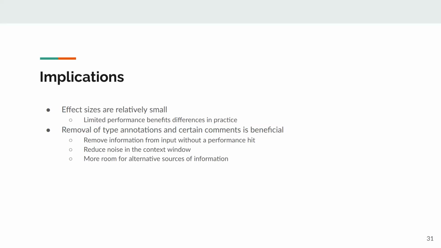Okay, yeah, that's a good question. We haven't quantified the amount of tokens that type annotations take up inside of source code. But if we want a rough estimate, I suppose you could take 30% of the number of tokens.